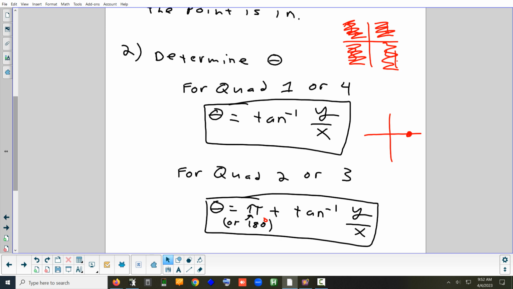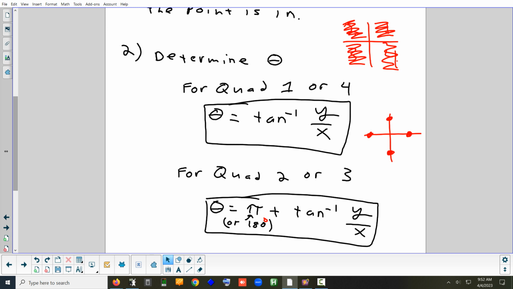What's the angle if you go right and then you stop? 0. What if you go up? And if you go left? And if you go down, it's 270. So if you are on an axis, you need to memorize it would be one of those 4 answers.